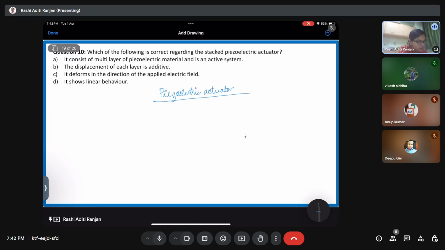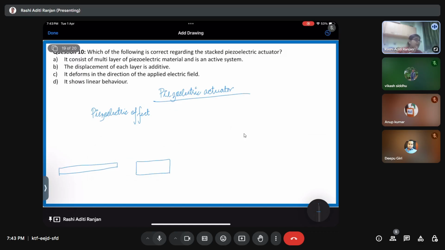So what happens is the piezoelectric effect. This is my system, and if I try to compress it, it is going to be something like this. If I take a normal material, a rubber band or maybe rubber, and I try to push it like this, what is going to happen? It is going to come back to its original position.